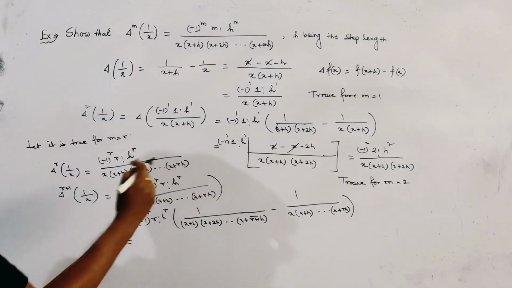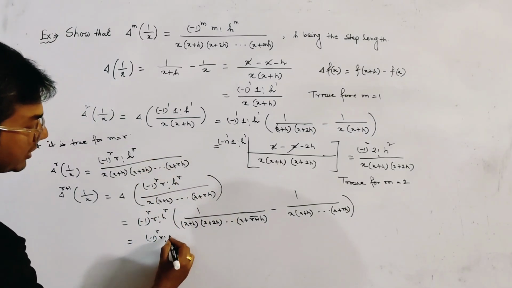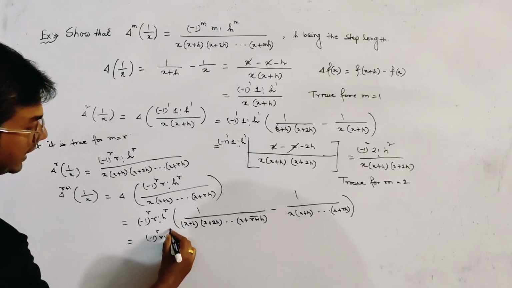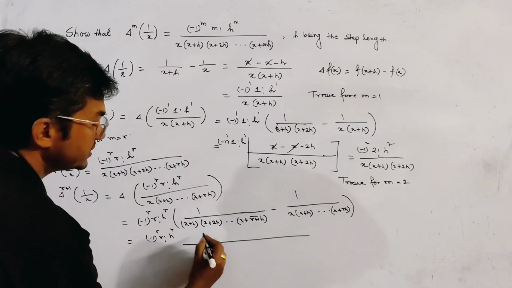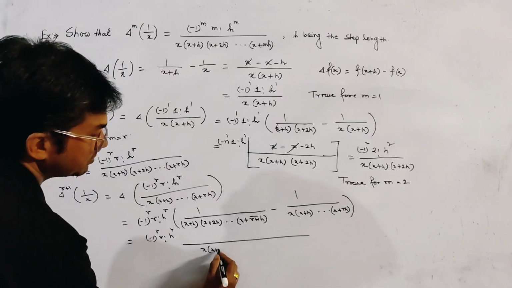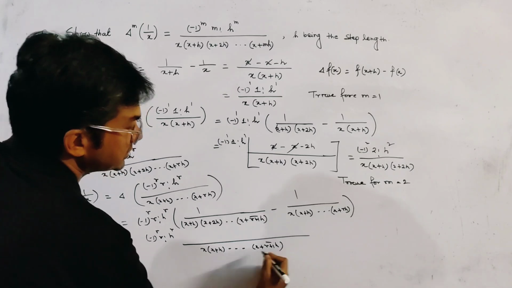Now making the LCM of these two terms, we get minus 1 to the power r factorial h to the power r, and the LCM is x plus h up to x plus r plus 1 into h.